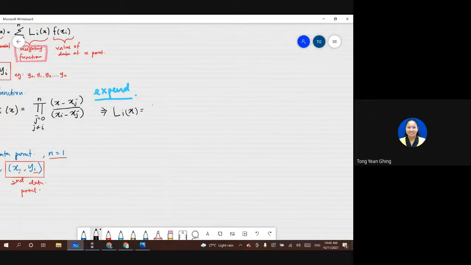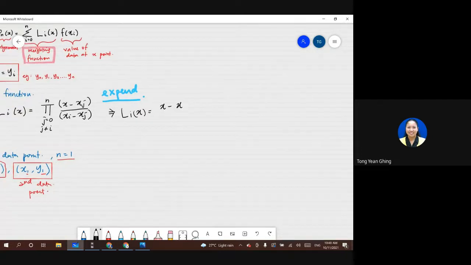So we put x minus xi. Just now it said i is equal to 0, but it cannot be the same as j. Normally we start from x naught, so it cannot be the same. For linear, we only have x0, y0 and x1, y1.